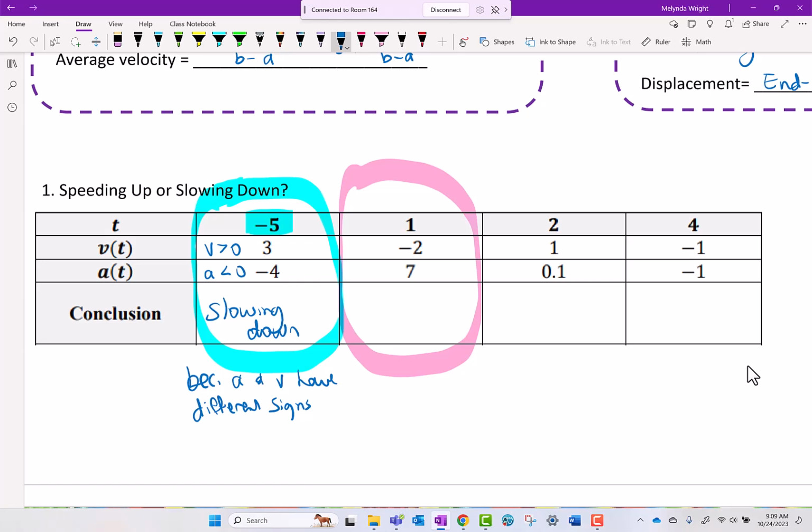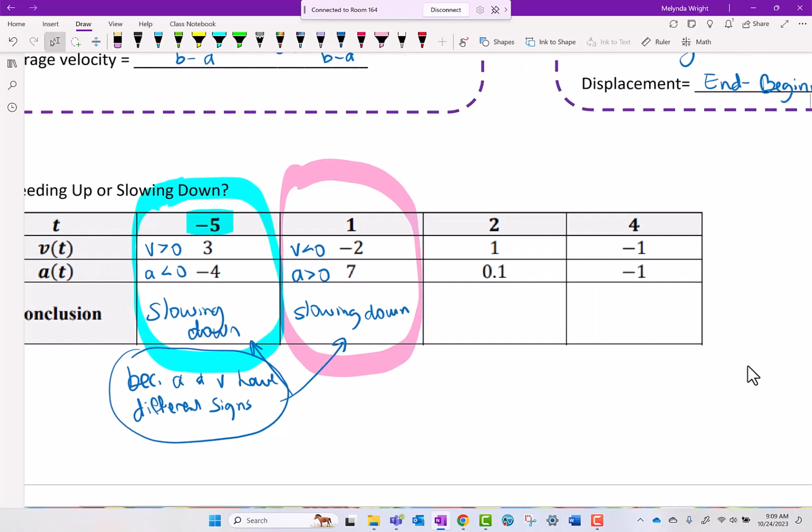So here our velocity is less than 0 and our acceleration is greater than 0. They switch places, but does that really matter? It doesn't. They're still opposite signs, so we're still slowing down. This would be our reasoning for both of these, because acceleration and velocity have different signs.